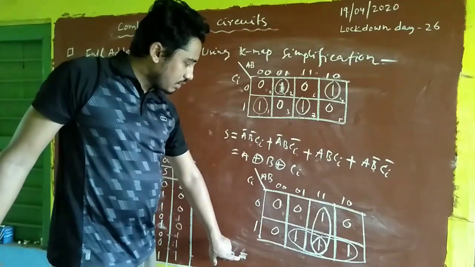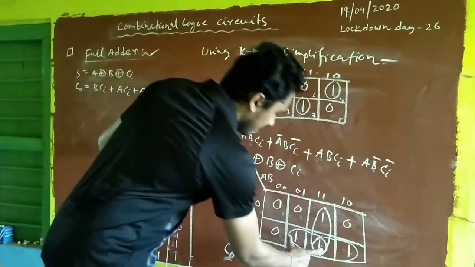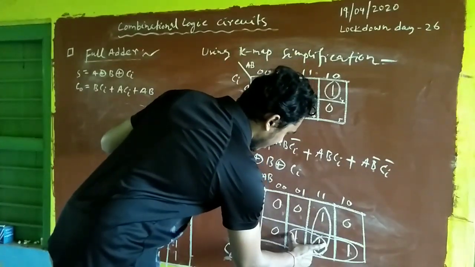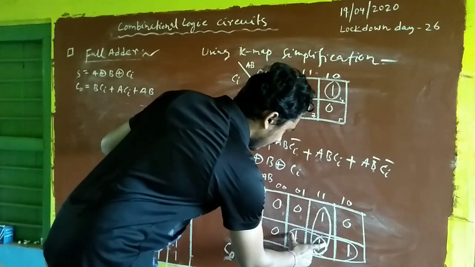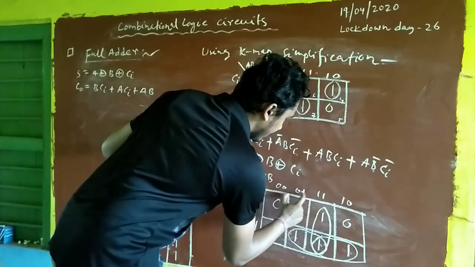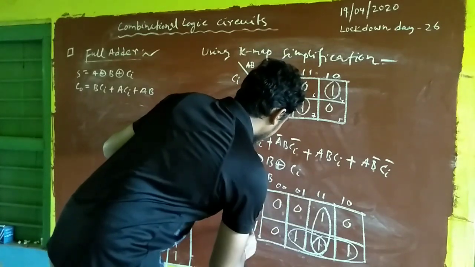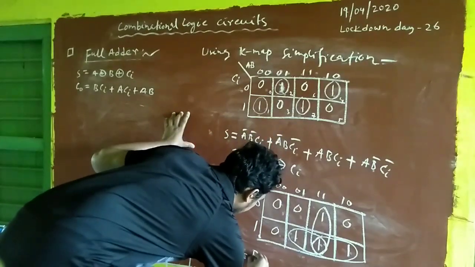So for this Cout we will check the expression. If you take the first pair, what will be the product term? The 0 and 1 will be cancelled, then B is 1 and Ci is 1, so it is B Ci.